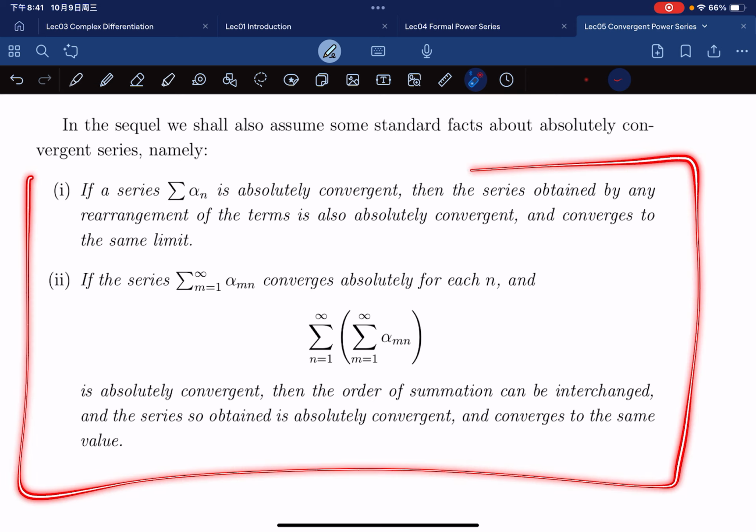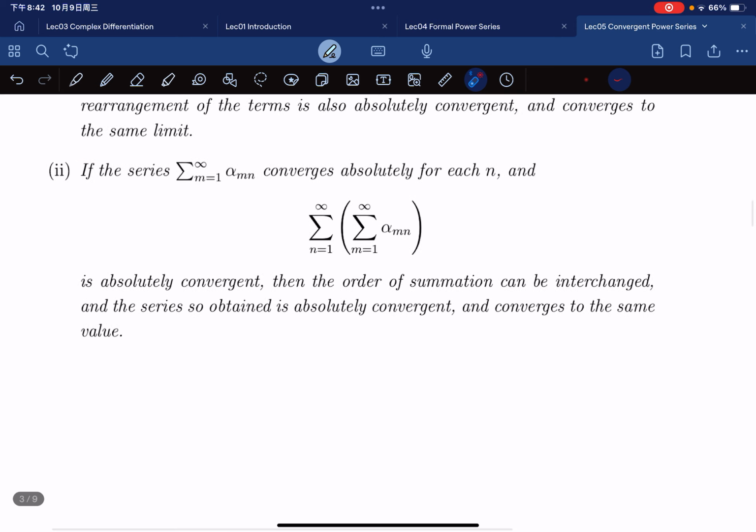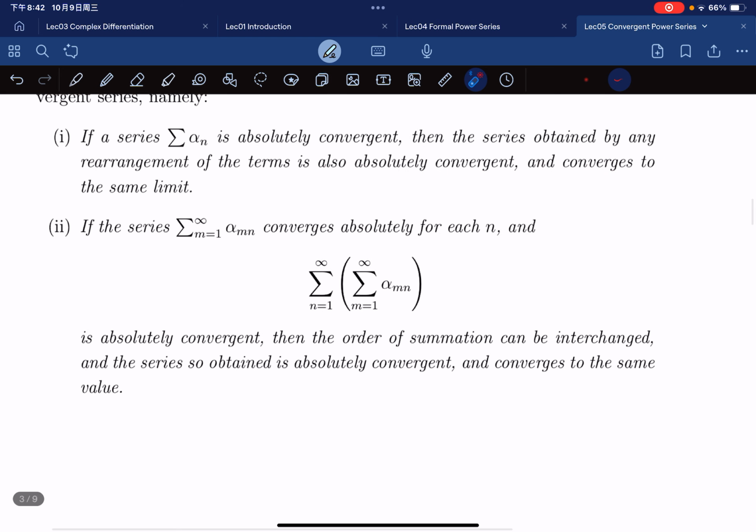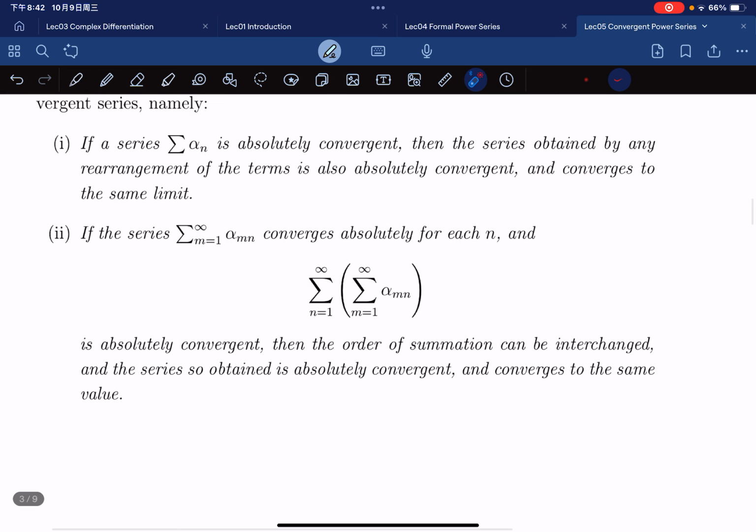First, if a series converges absolutely, then any rearrangement also converges to the same limit. Also, if this converges absolutely for each fixed n, and this also converges absolutely, then the order of summation can be interchanged, and the series obtained converges to the same value.